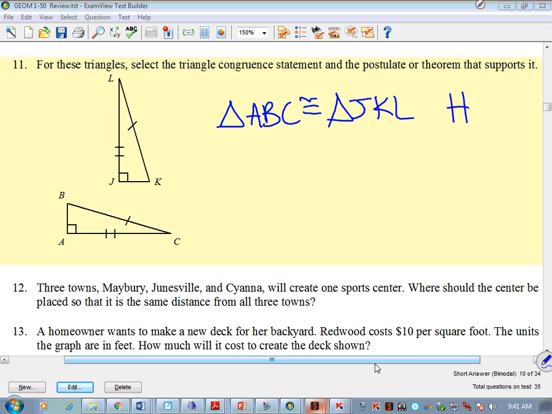Legs. So this is true due to the hypotenuse-leg congruency theorem. This is not side-angle-side because we neither have that angle nor this side. So it is not side-angle-side, it's not angle-side-angle, right? It is hypotenuse-leg. Do not get confused.